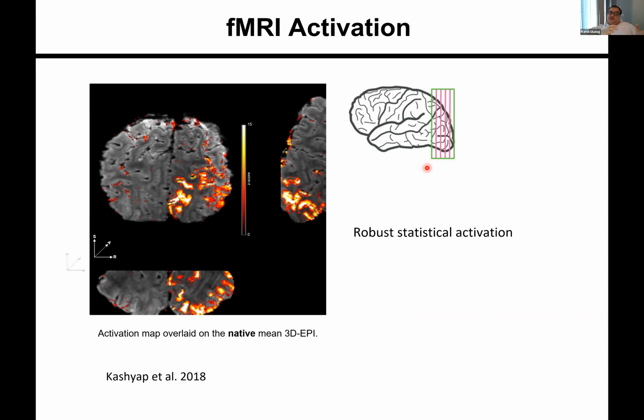However, it has the advantages that it's non-invasive, we are covering a large part of the brain, and we can do experiments on whatever brain area we want to study. If we want to study prefrontal cortex, we can study it. We don't have to drill a hole there. If we want to study hippocampus or amygdala, we can. So these are the advantages of fMRI. Therefore, I think there is a place for fMRI, but at the same time, we have to recognize its limitations.